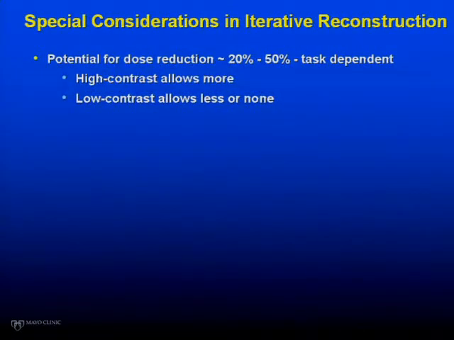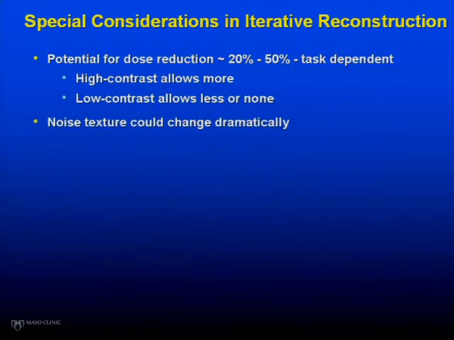So here's a summary of some special considerations on iterative reconstruction. Based upon some preliminary clinical studies, the potential for dose reduction may be 20% to 50%, and it is task specific. For some high contrast tasks, it allows more dose reduction, but for low contrast tasks, it allows less dose reduction or even none.